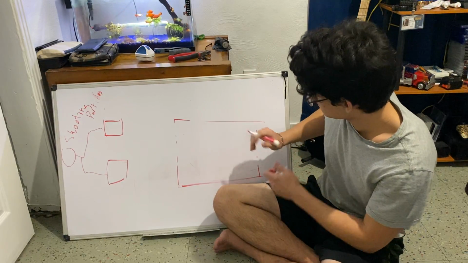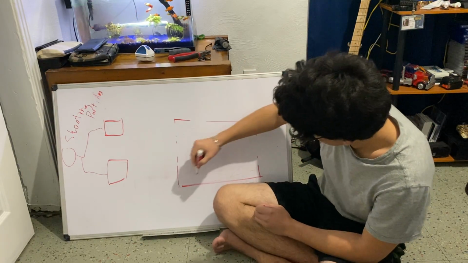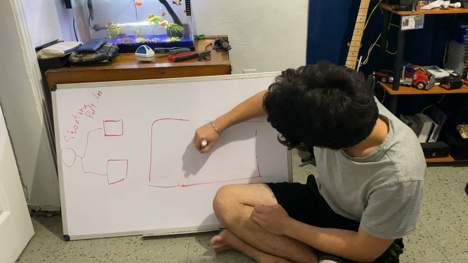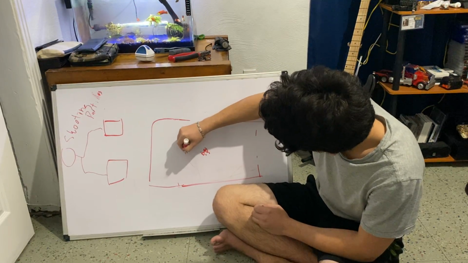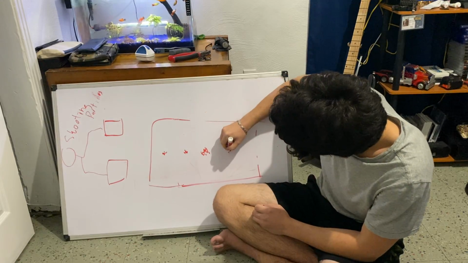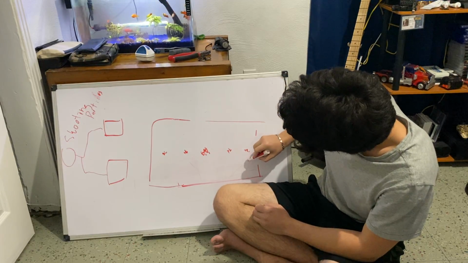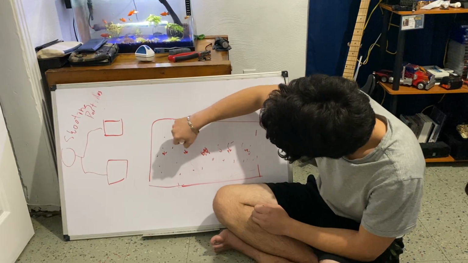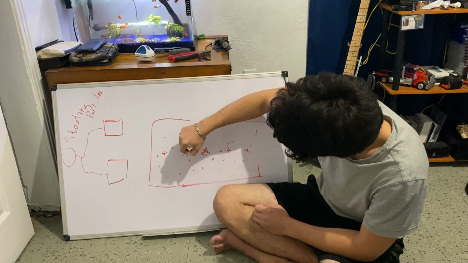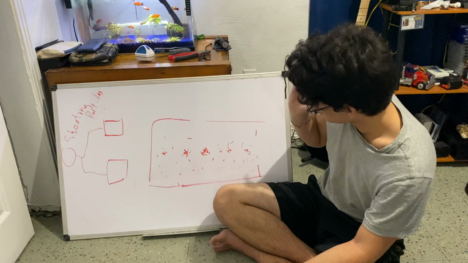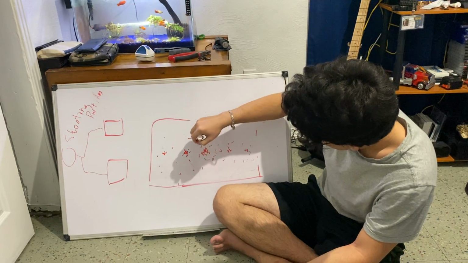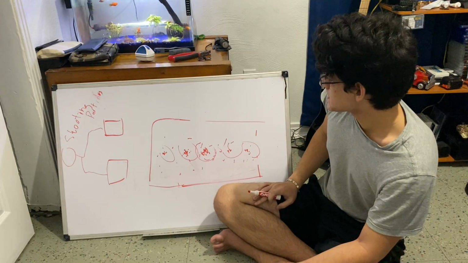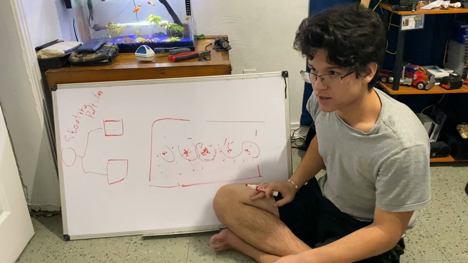You will have something more like this. What you would interpret from this is that you can see big spots here, and that's not how it's supposed to be.